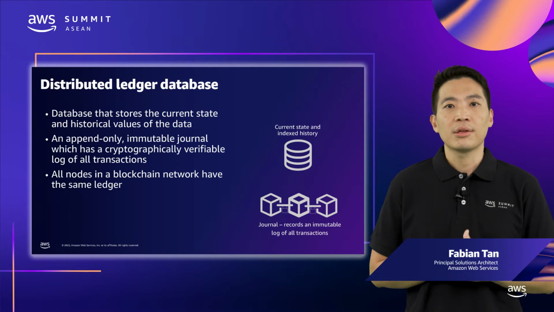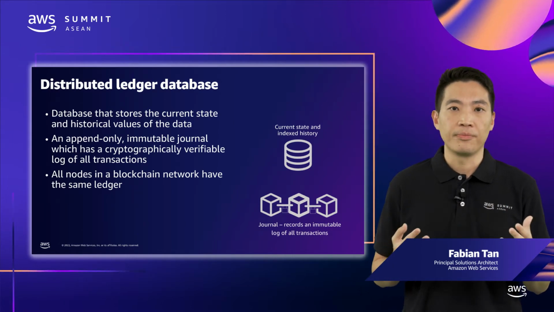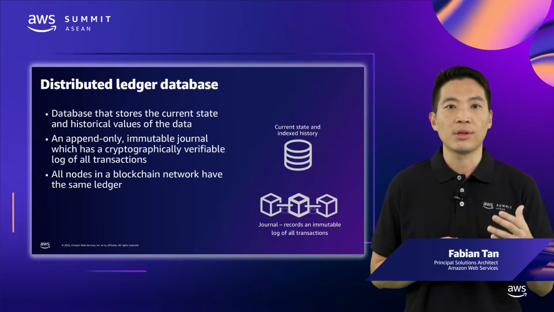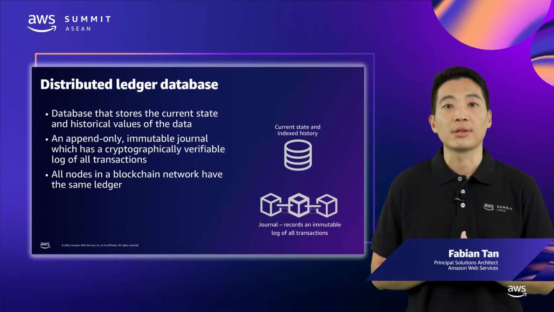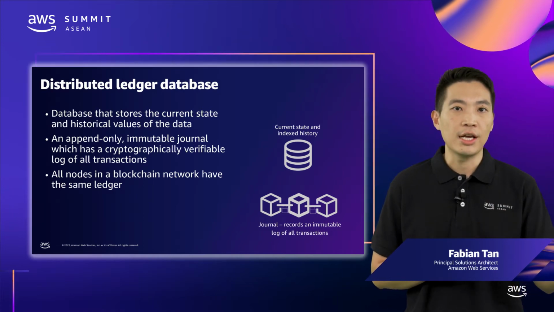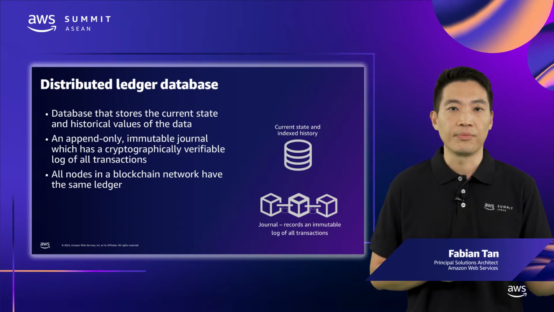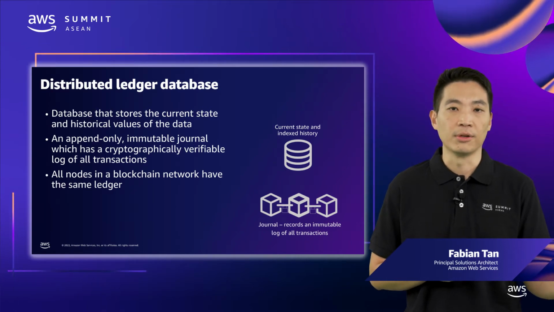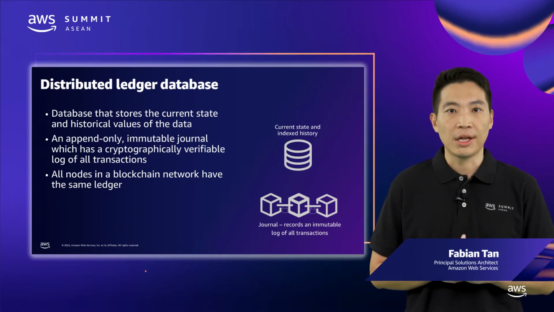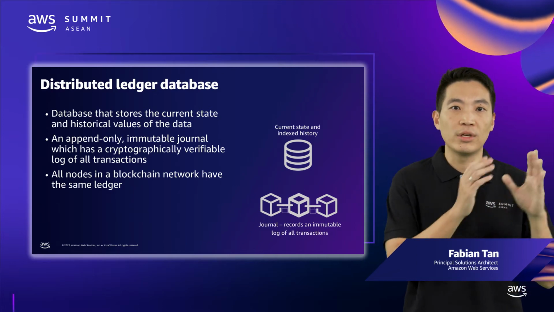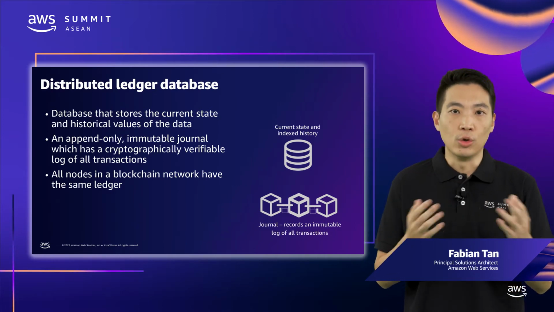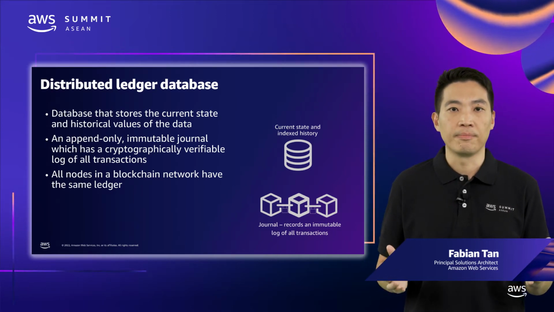So let's start off with the distributed ledger. This is a database that stores the current state and the historical states of the data. Every change to the ledger is stored in a journal and is cryptographically verifiable. You can inspect the transactions and make sure that between one change and the next, no fraudulent data has been inserted.